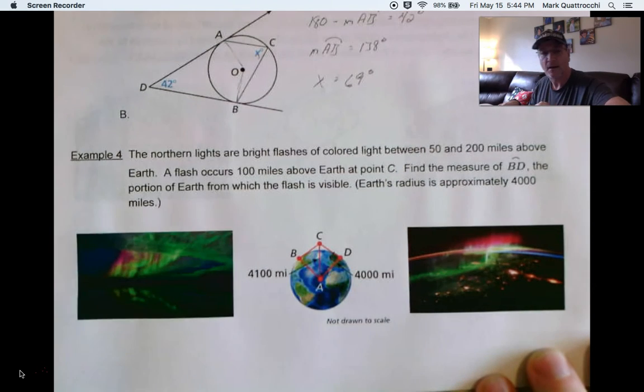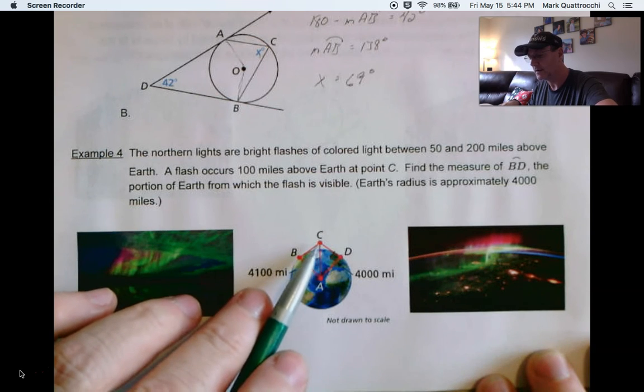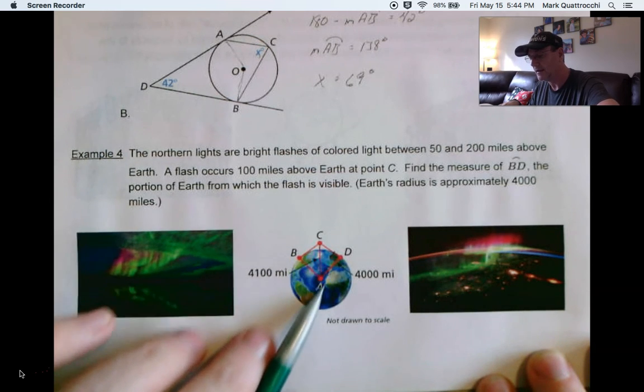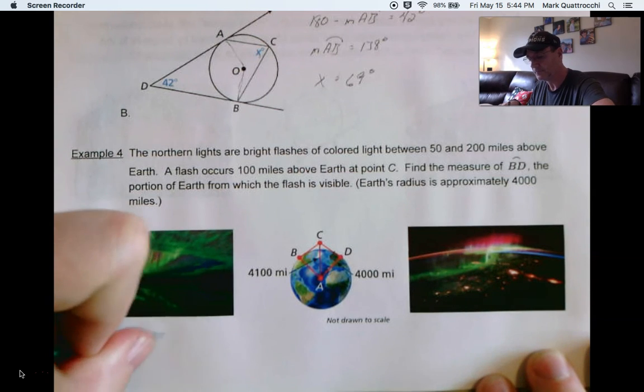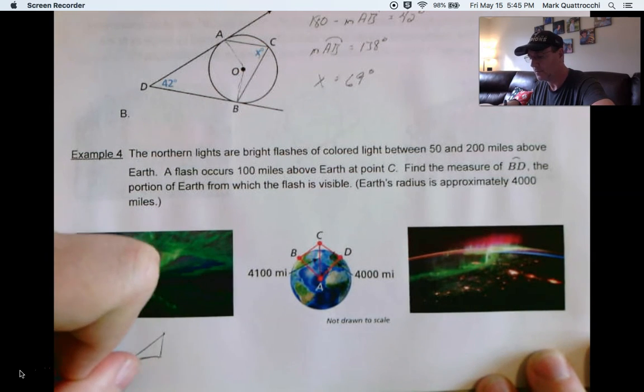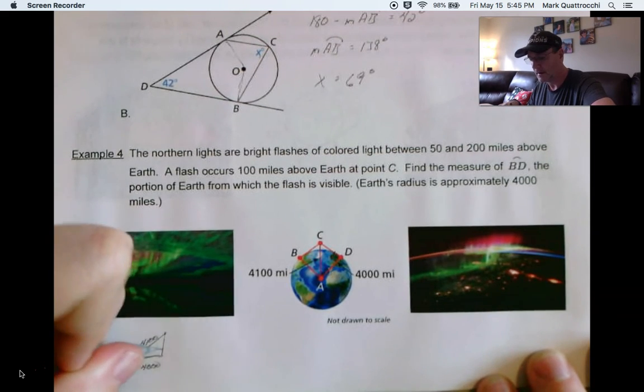Tangents and radius to the point of tangency form right angles. So we have a right triangle here. Triangle CDA and triangle CBA are right triangles. 4,000, 4,100, and the right angle.